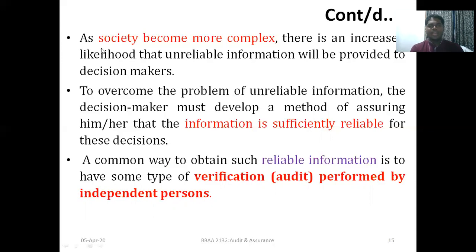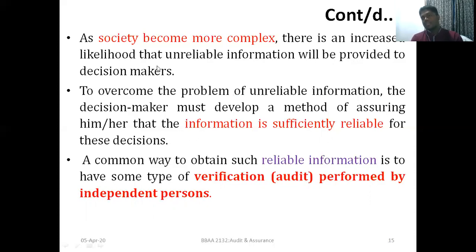So as society becomes more complex, more complicated, there is an increased likelihood. What does likelihood mean? There's an increased probability or chance that unreliable information will be provided to the decision makers.